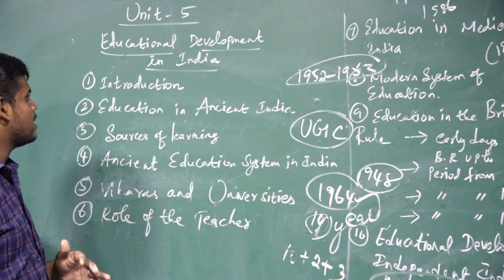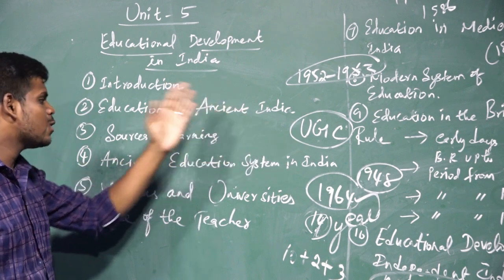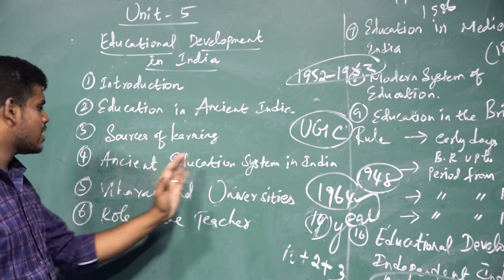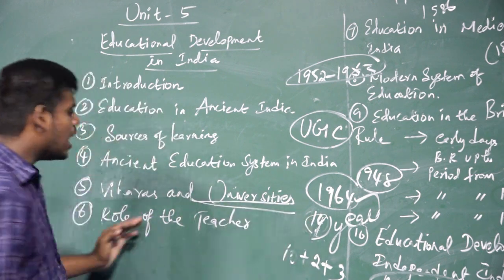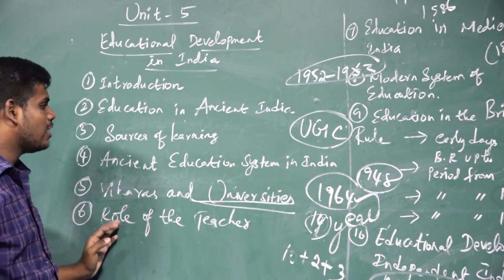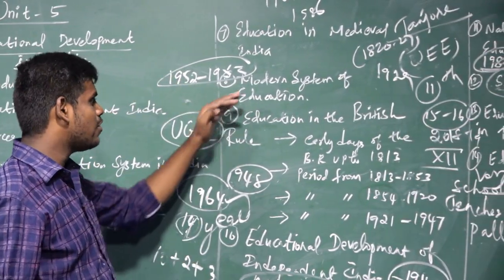As we discussed, knowledge is the third eye of man: education in ancient India, sources of learning, the ancient systems in India, universities and viharas in the Buddhist period, the role of the teacher, education in medieval India, and the modern systems of education.